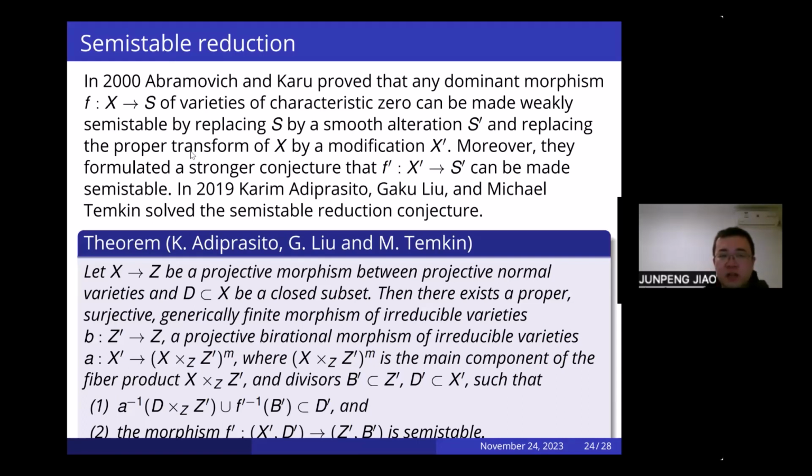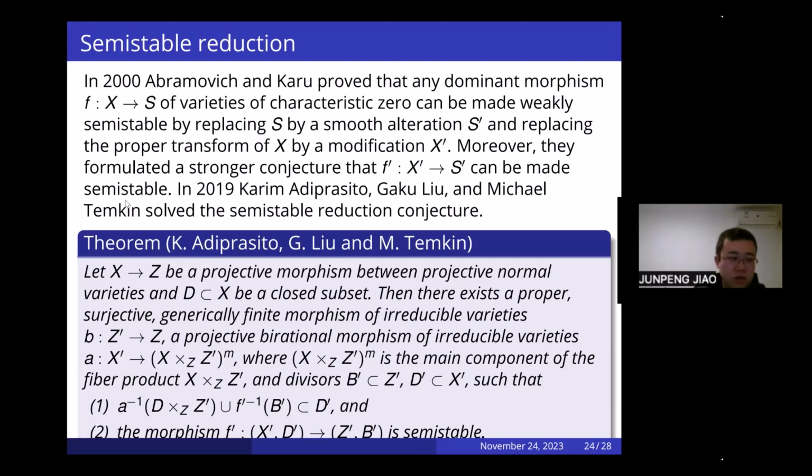And replacing X by a modification, that is X prime has a birational contraction to the main component of the fiber product, X times S prime over S. Moreover, they formulated a stronger conjecture that this new morphism can be made semi-stable.